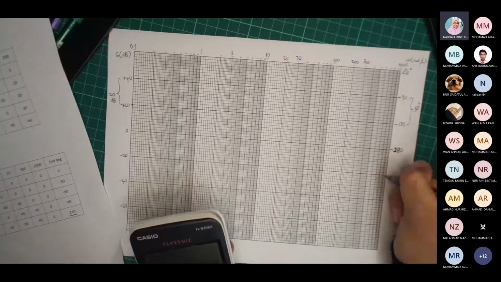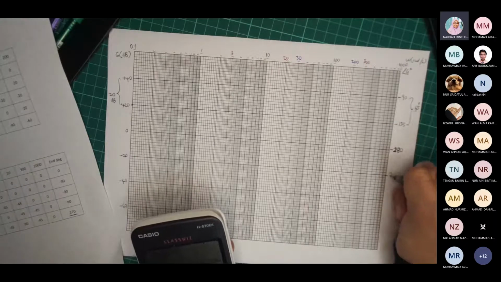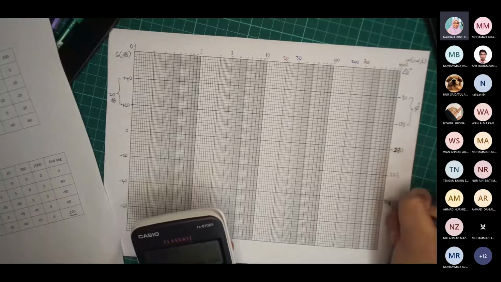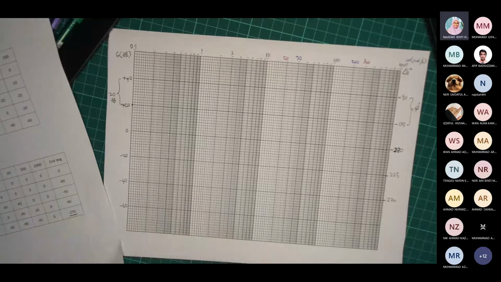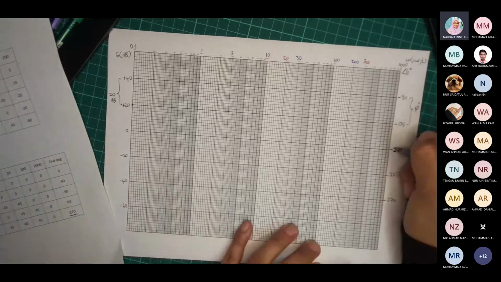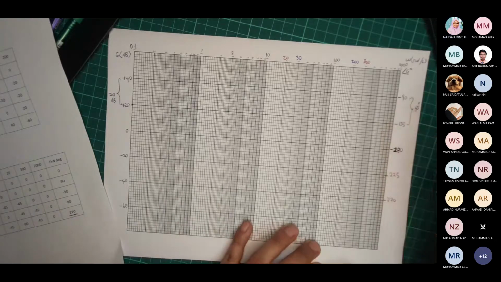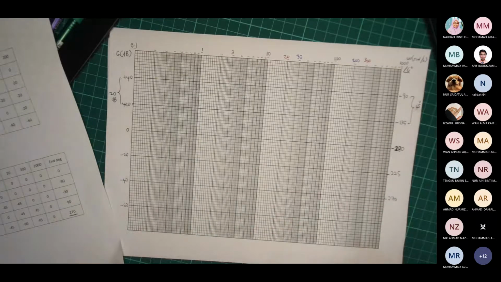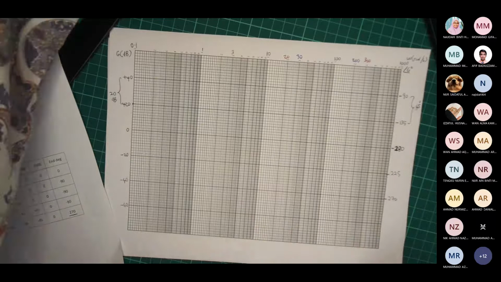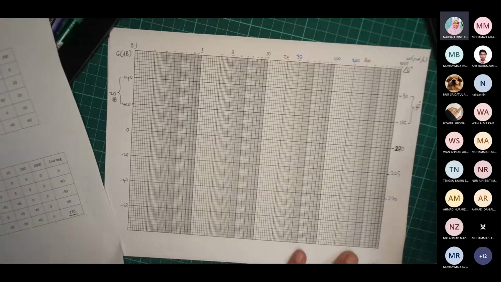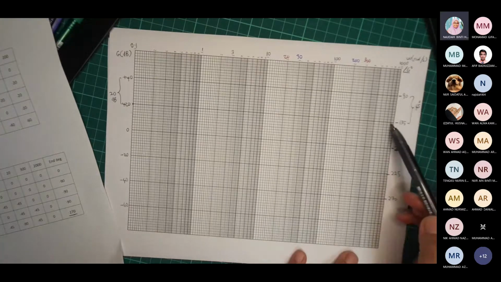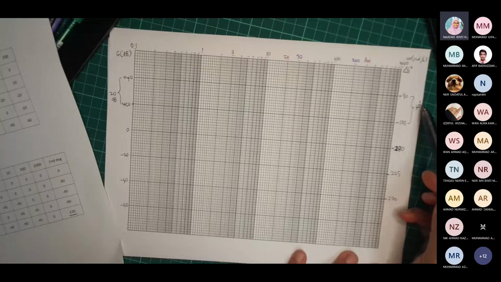The next one is negative 225 degree, and the last one is negative 270 degree. Okay, this one 180 degree. So between two bold horizontal lines, the y-axis scaling for phase is 45 degree.